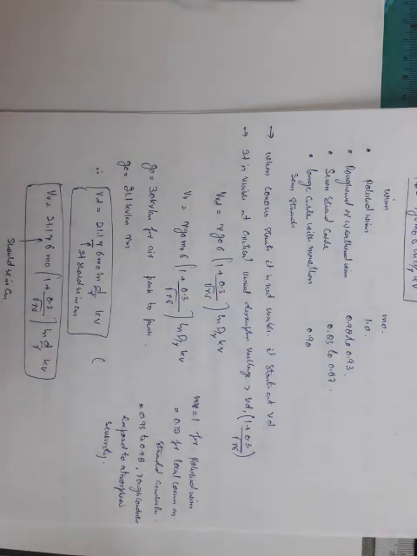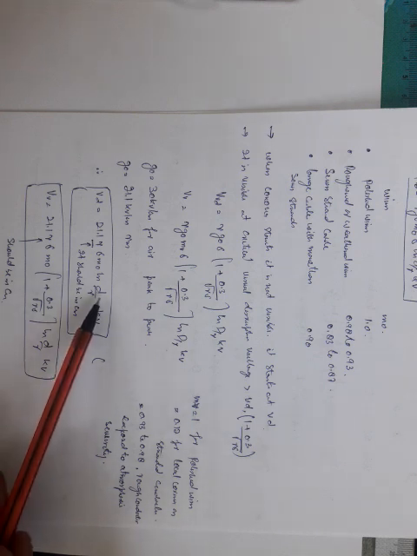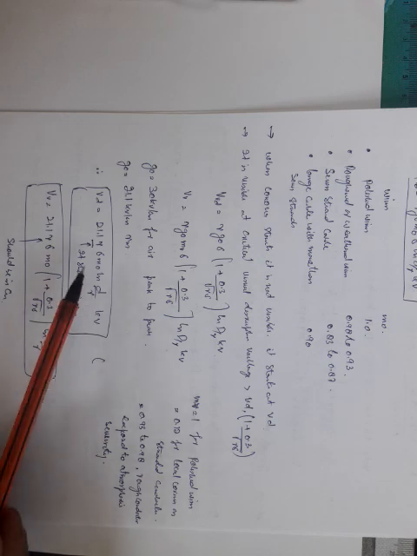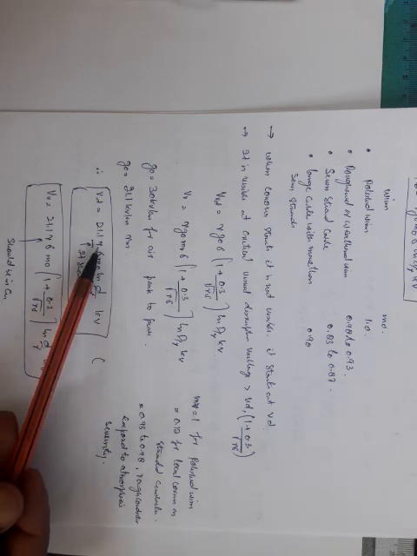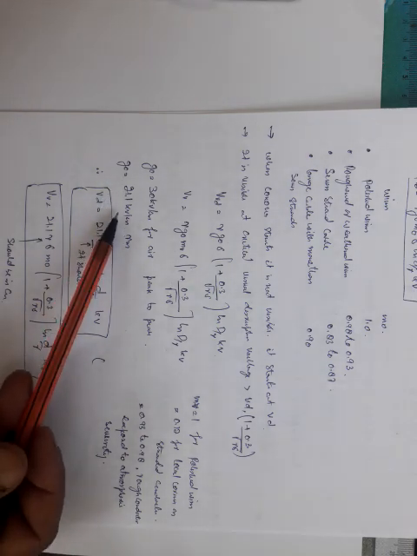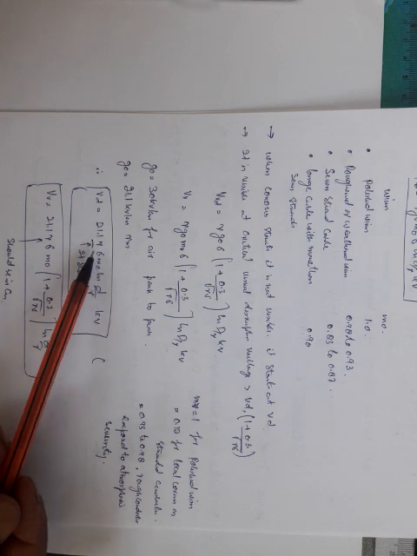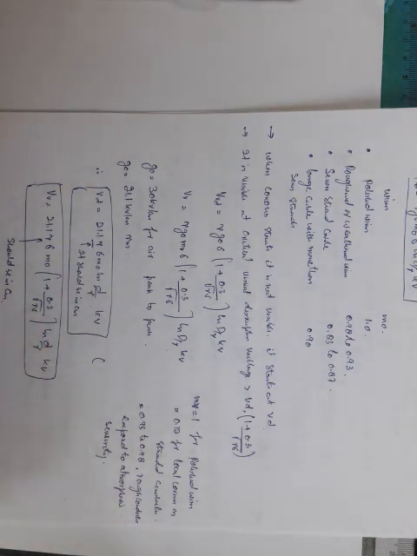In ln of D by R, the units of D and R should be the same. It can be anything, but here R should be in centimeters, because G0 21.1 is kilovolt per centimeter. So to get it into kilovolt, we have to multiply it by centimeters.